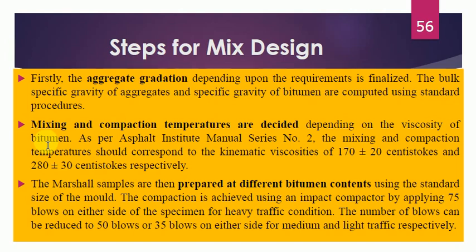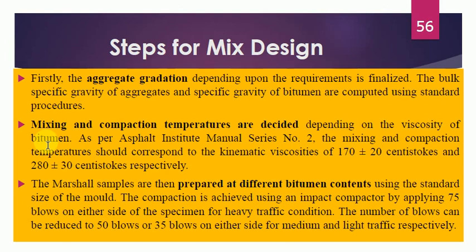But the aggregate quality varies from location to location. Suppose they have provided a mix design where, based on the gradation, they have provided a value of say 5.9. But when we are working with our type of aggregate within our laboratory conditions, we may find that the OBC comes near 6.3. It may happen. So we have to select at least 3 different bitumen contents to plot a graph as well as for exact calculation of the optimum bitumen content.